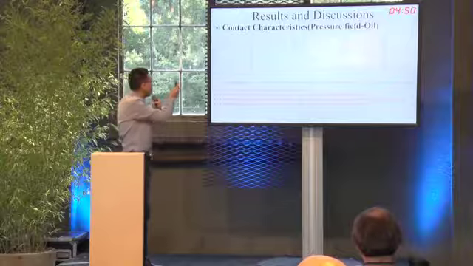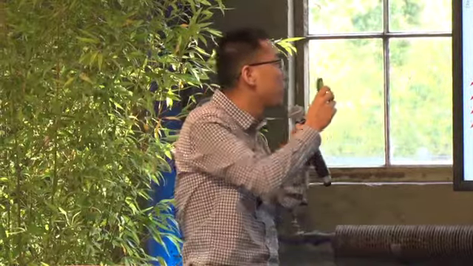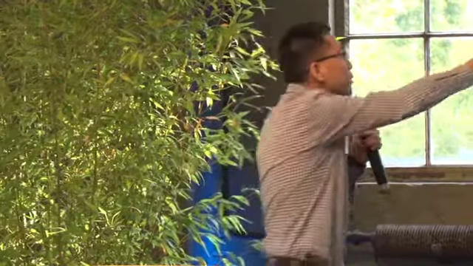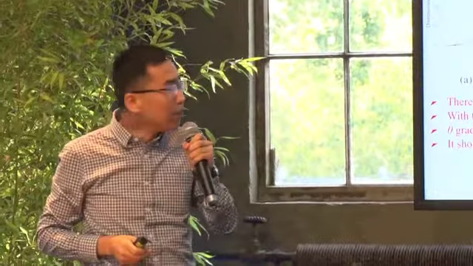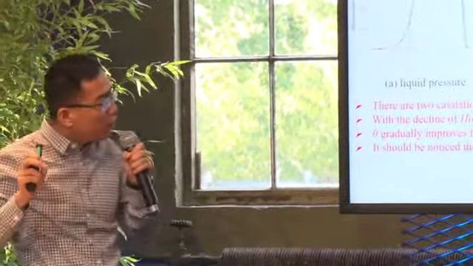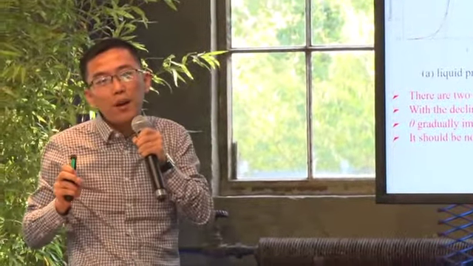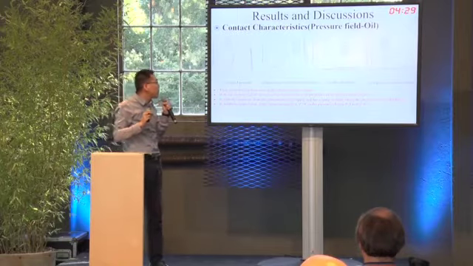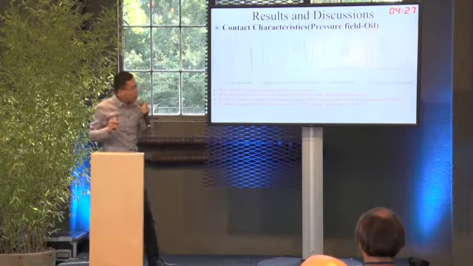That is similar to figure A here. Here, theta gradually improves from the constant inlet oil supply and has a jump here, to unity where the pressure starts to build up. This is quite different from the flooded case.